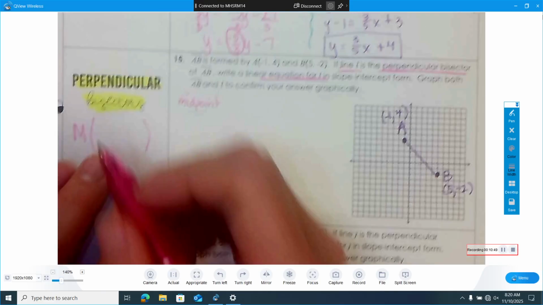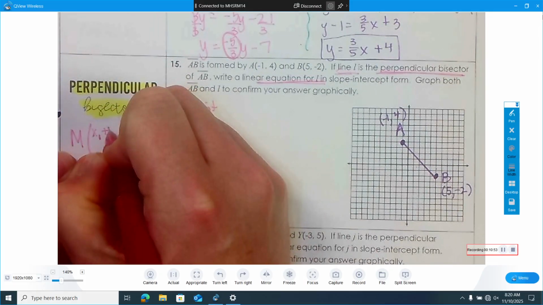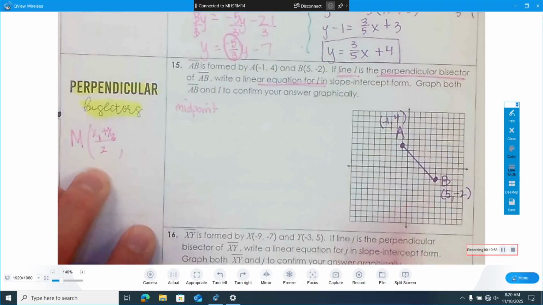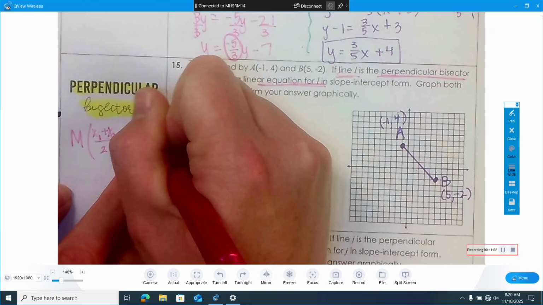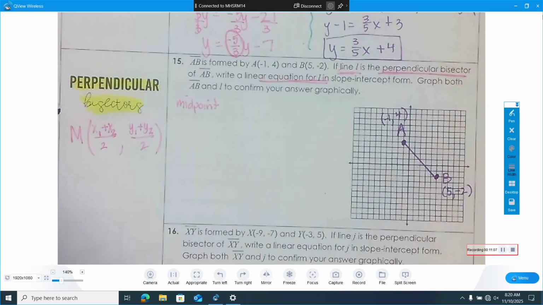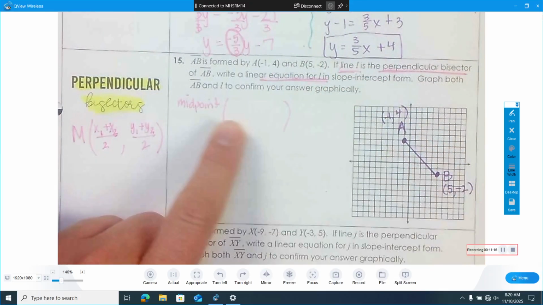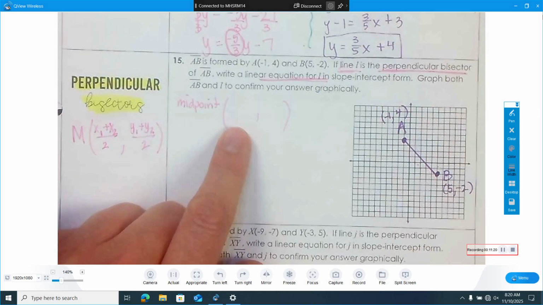So the midpoint formula is x1 plus x2 over 2. Add your x's and divide by 2, and add your y coordinates and divide by 2. It's an average of the x's and an average of the y's. Add and divide. So if I want to find the midpoint between A and B, I need to add my x's.